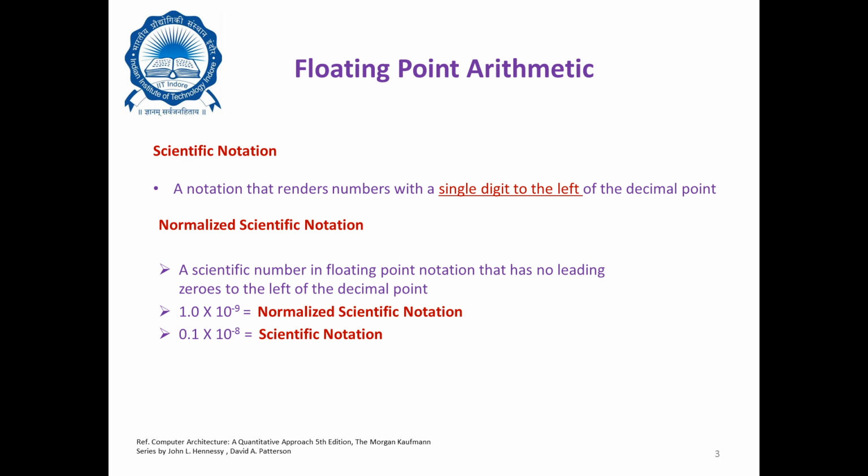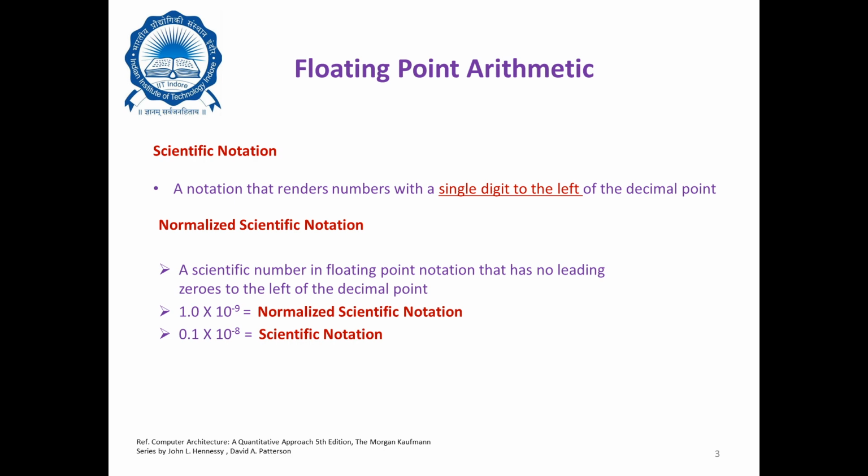So what did I say? A scientific notation is a notation that renders numbers with a single digit to the left of the decimal point. That's how we define scientific notation. And a normalized scientific notation is one in which there are no leading zeros to the left of the decimal point. So you could see the example below. 1.0 into 10 to the power minus 9 is a normalized scientific notation, right?